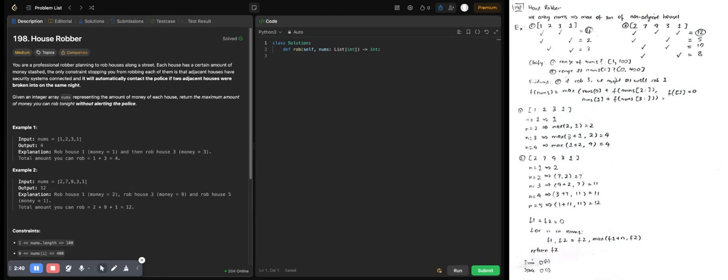If we take the first one, then we take the second one, that would give us 4. If we take the first one and the last one, then it will give us 2. Now if we take the second one and the fourth one, that would give us 3. So the maximum here is 4.